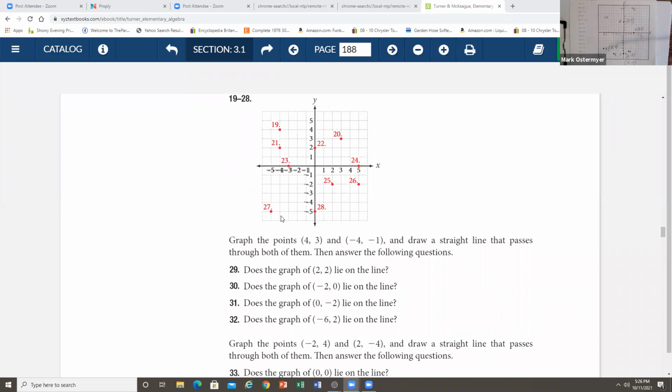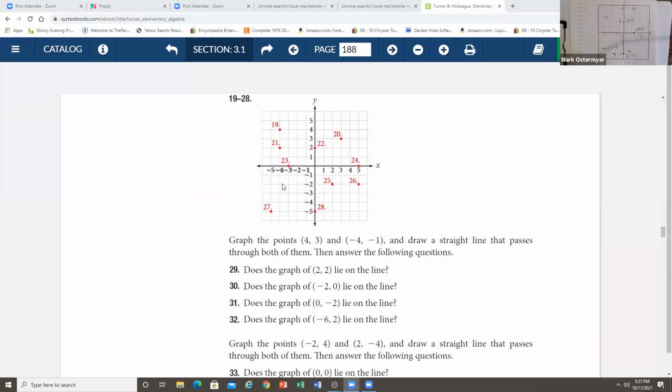Number 27, what's the x coordinate? -5. And what's the y coordinate? -5. That would be the point -5, comma, -5. All right, number 22, what's the x coordinate? 0. What's the y coordinate? 2. That would be the ordered pair of point 0, comma 2.